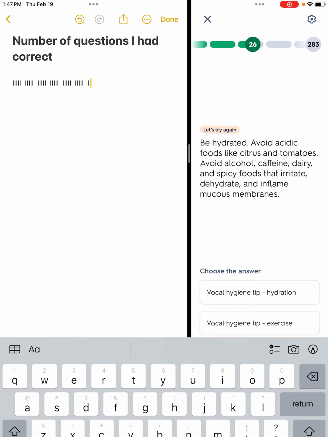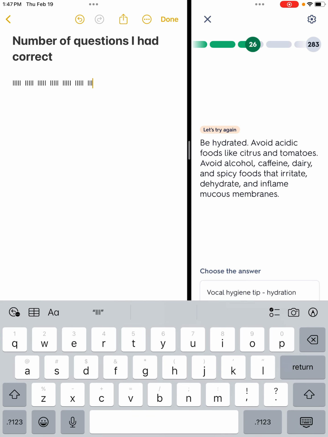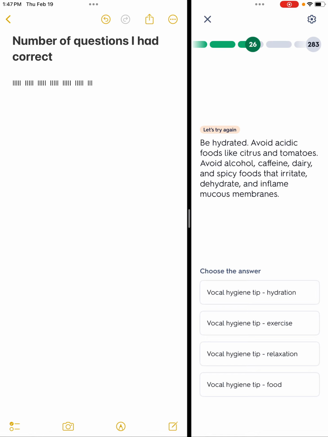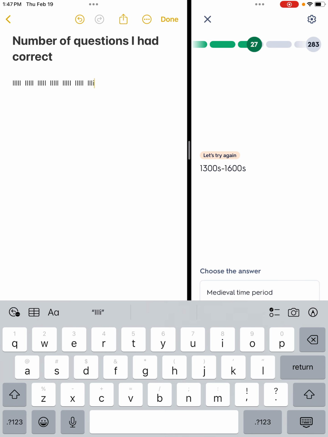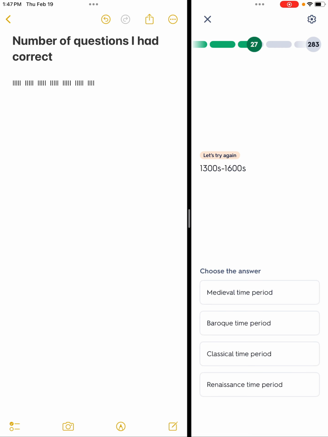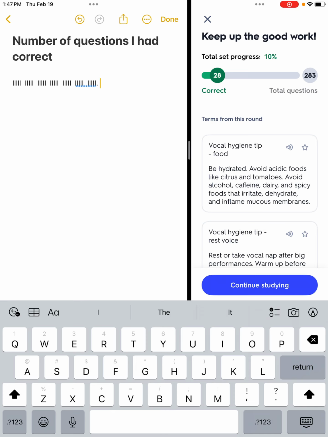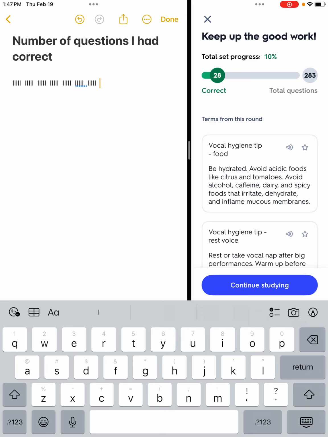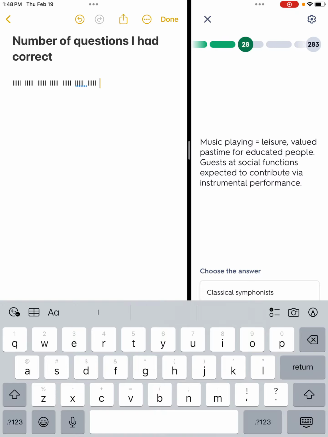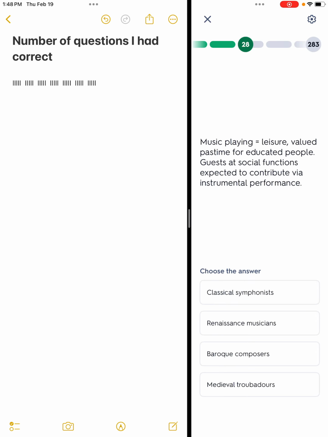Larynx. Okay. And the Renaissance. Music playing as leisure.